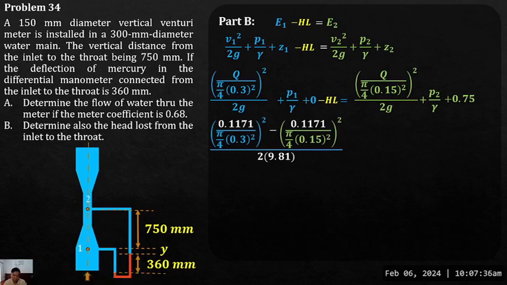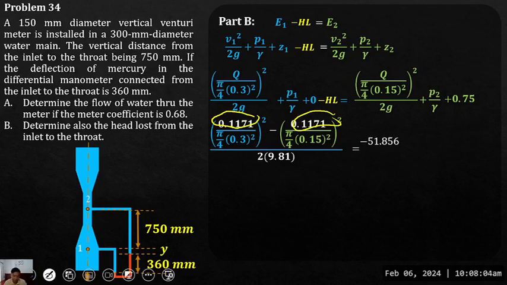Transpose mo na yung Q na nasa right side, lipat mo sa kaliwa, tapos palitan mo na yung value ng Q. Yung ipapalit mo dyan, hindi yung theoretical, but rather, yung actual discharge. Okay, that's 0.1171. So, substitute na natin to. Tapos yung mga pressure, lipat natin sa kanan, pati yung head loss na unknown. So, yung pressure natin, na-compute na natin yan kanina, negative 51.856.